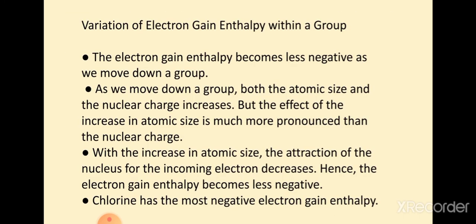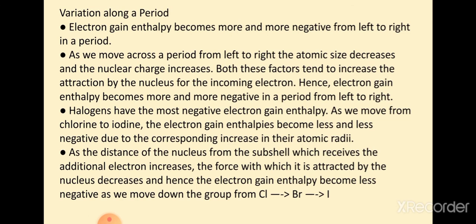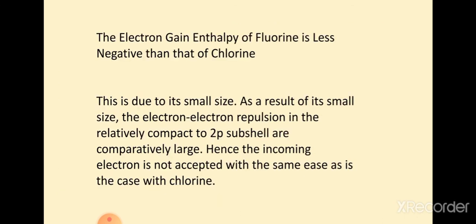First let's see the variation in a period. In a period, in general, the electron gain enthalpy becomes more and more negative on moving from left to right. Why? Due to decrease in size and increase in nuclear charge.